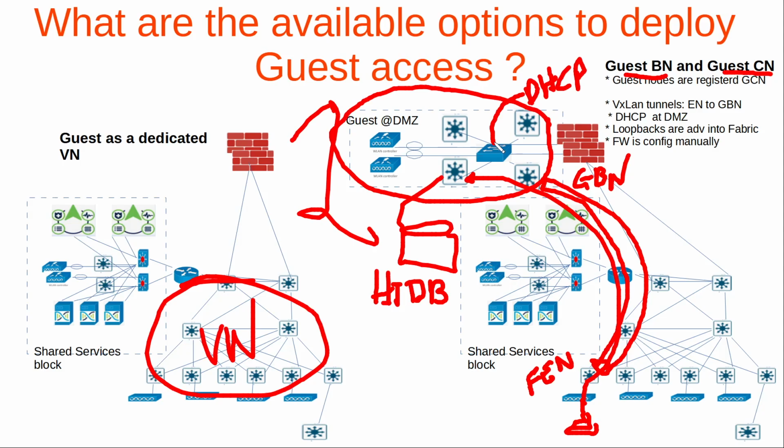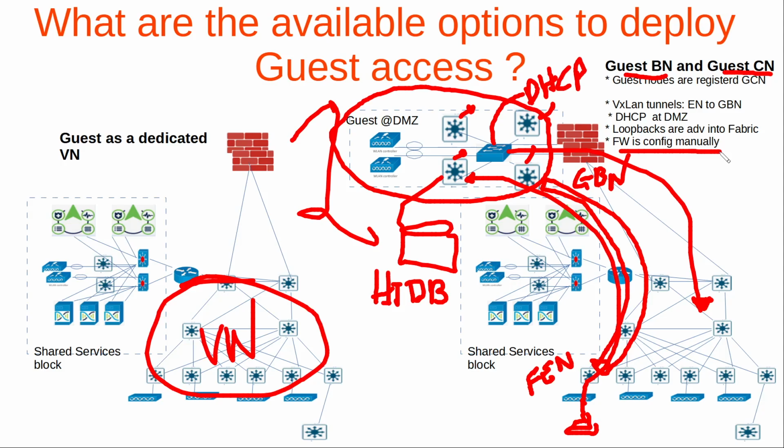In order for this to work, you will need to advertise the loopback IP addresses that belong to your border nodes or your control nodes into your fabric. You will need to configure your firewall manually in order for this to work. There is no option to do it automatically with the help of your Catalyst Center.